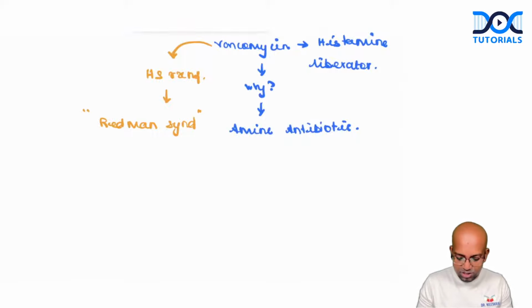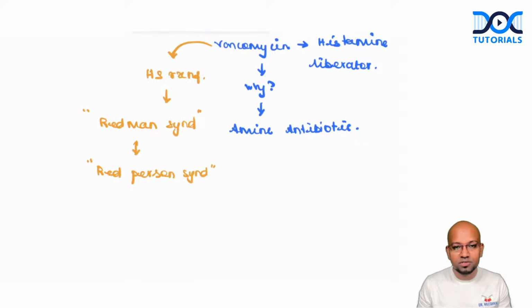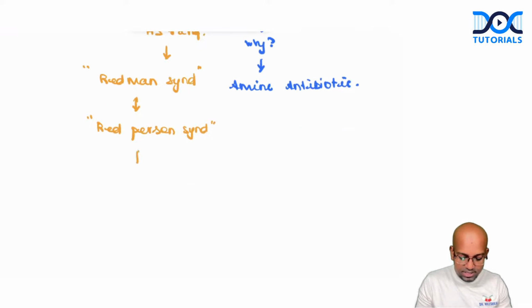But the name has been changed to red person syndrome. Why was it changed to red person syndrome? Because not only men, even women can land up in this vancomycin-related hypersensitivity reaction. Again, the red person syndrome nomenclature has been changed to vancomycin infusion reaction.